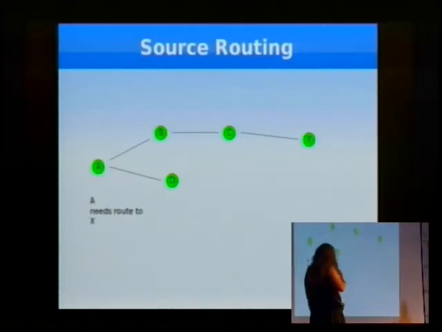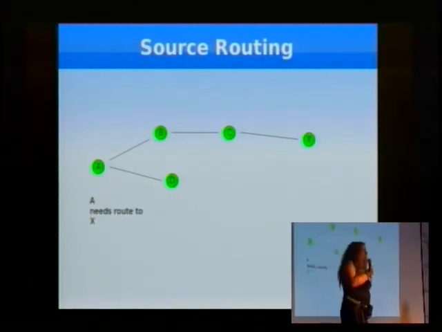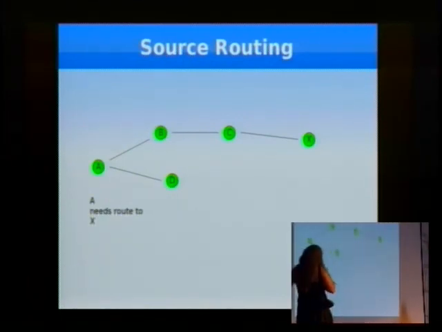Well, I hope I don't bore many people here. Source routing is a very old approach that was in theory used or suggested for mesh networks. Source routing means you start your node and you have no clue who is out there.